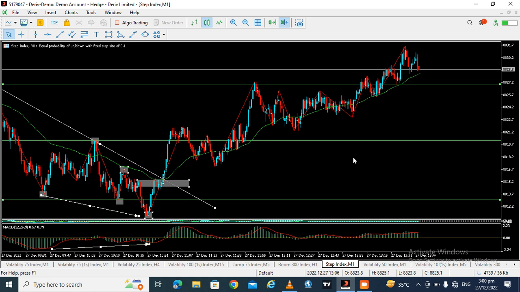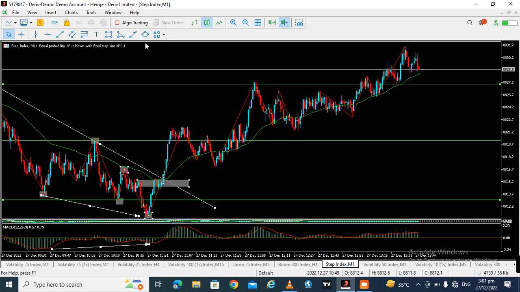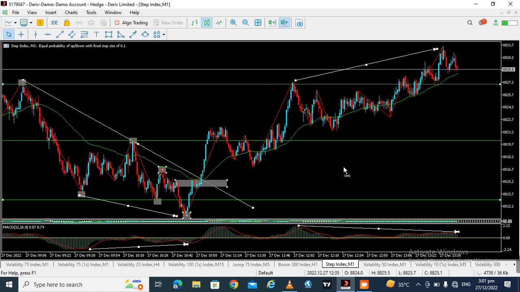With this particular strategy, if you look at the MACD, from this point to this point there is a higher high formation in price, whereas on the MACD we have a lower high being formed. That is to say that another setup is being formed right away.